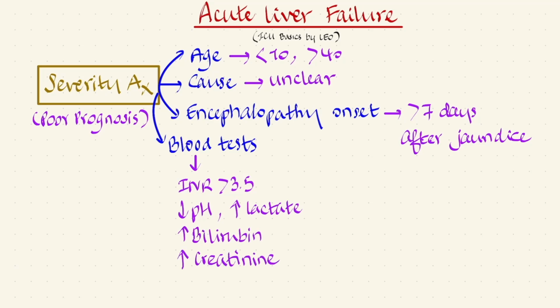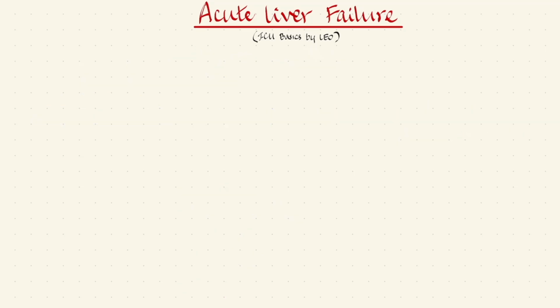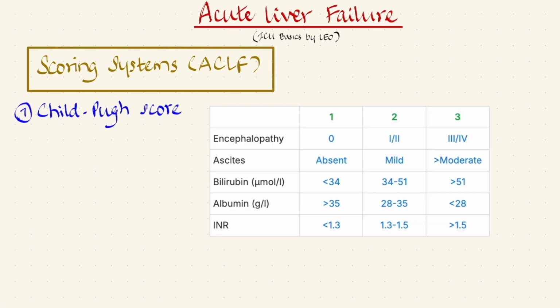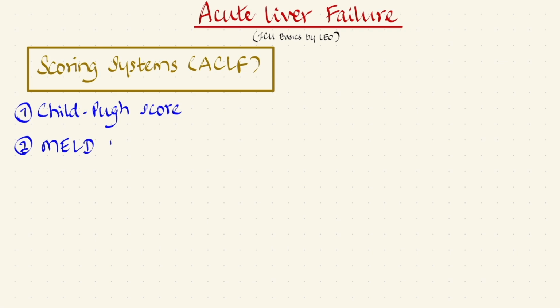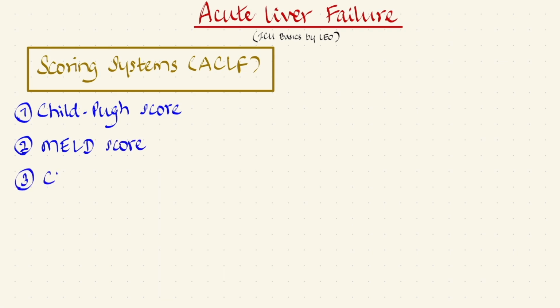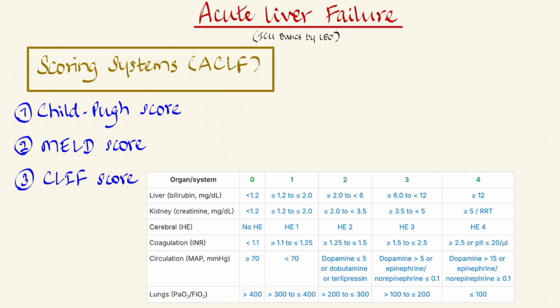Recent studies show high phosphate level on ICU admission in patients with paracetamol overdose could be related to poor prognosis as well. In patients with acute on chronic liver failure, we can use Child-Pugh score, the Model for End-Stage Liver Disease MELD score, or modified SOFA score, that is CLIF-SOFA score, CLIF-AD and CLIF-C score.